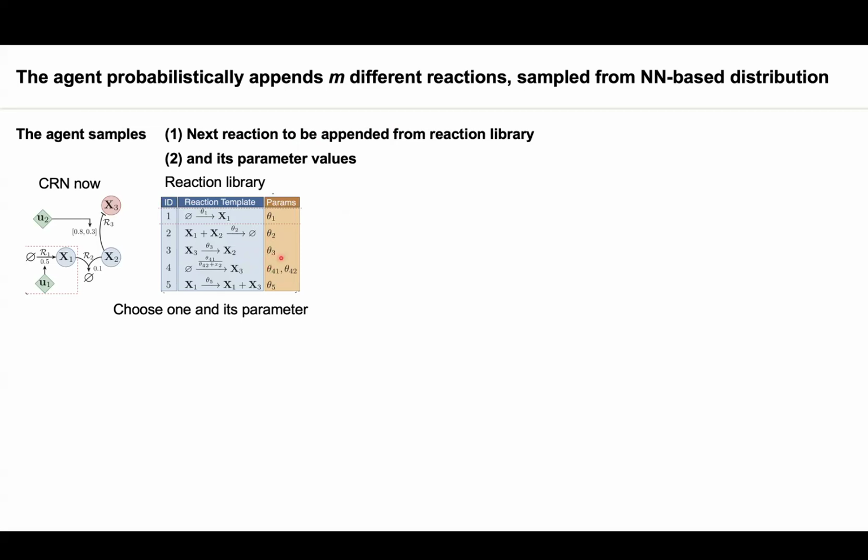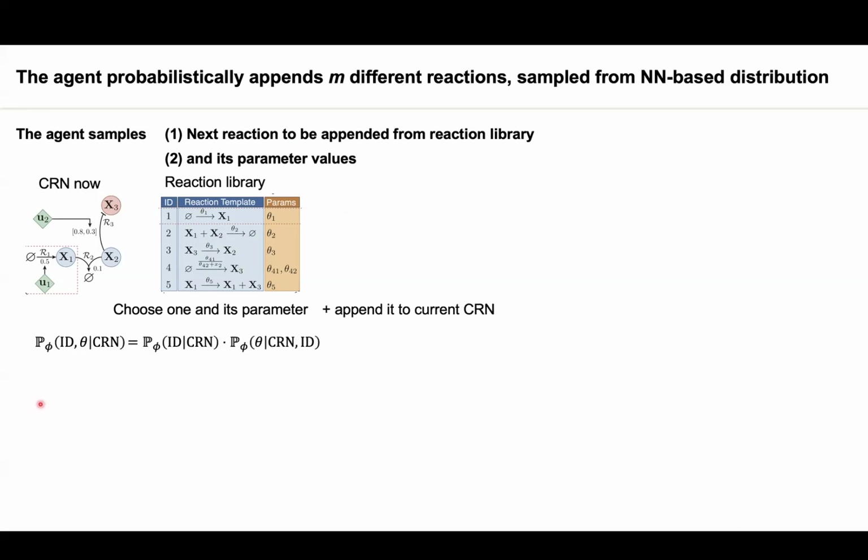To do that, we need the ID of the reaction and the parameter values of the reaction. So the agent samples that ID and parameter from this probability distribution.